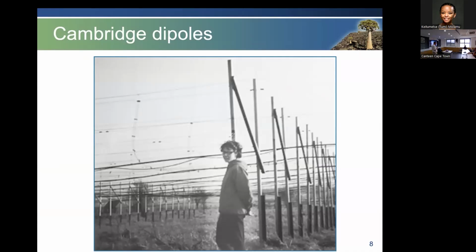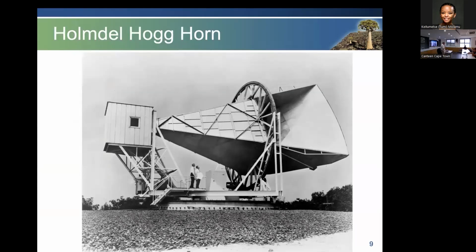Jocelyn Bell's telescope, as I say, was washing lines strung up in Cambridge. But back then, you could use a washing line to make amazing discoveries and get your supervisor a Nobel Prize. The Holmdel Horn that discovered the cosmic microwave background went really back to first principles and said, let us just build a feed horn. Let's not put it into reflector optics.